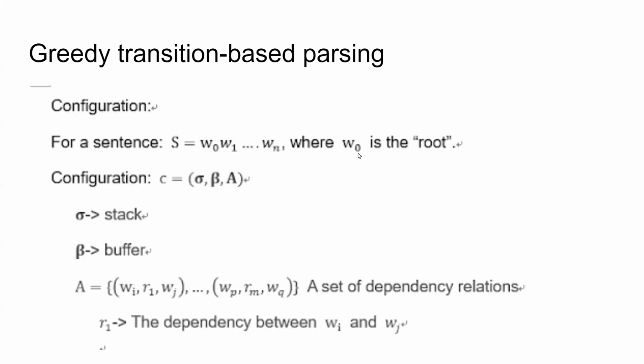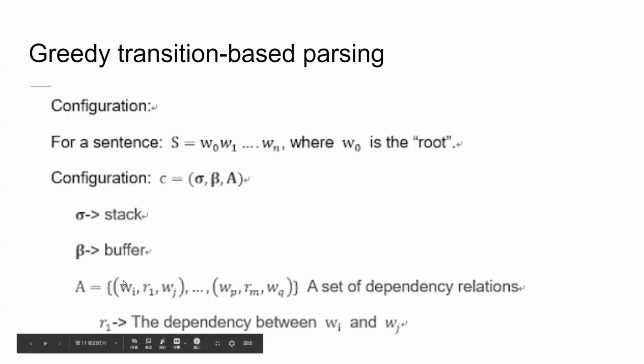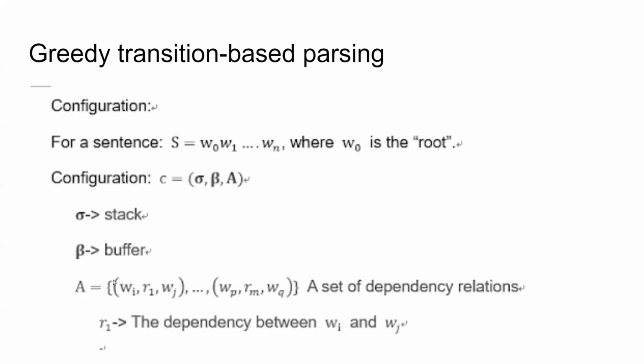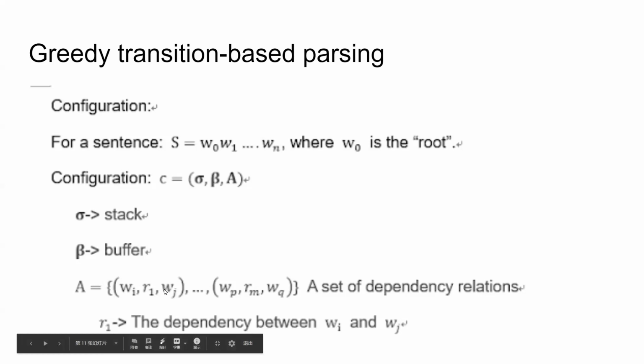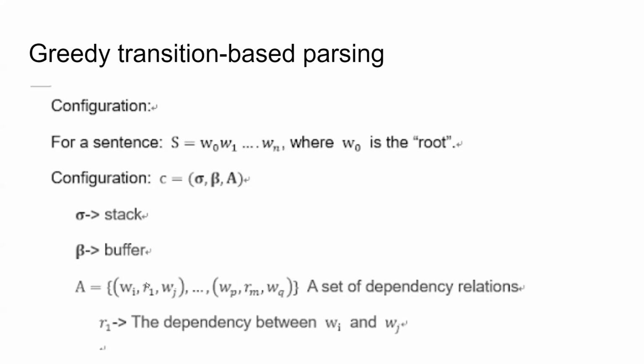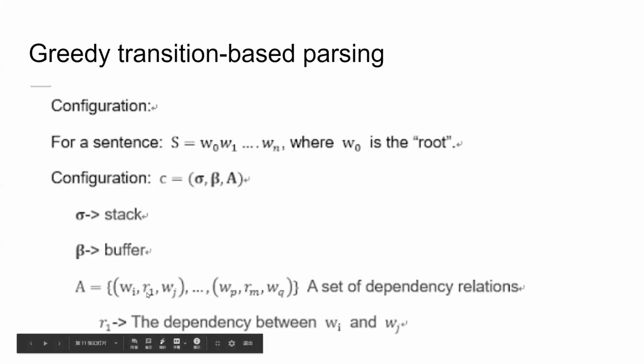But W0 is not a word in the sentence, it's a root we create at the start of the sentence. If you see A equals triples, don't worry. It means that (Wi, R, Wj) indicates that word J is somehow dependent on word I, and R is their dependency arc, or you can call it a relation.